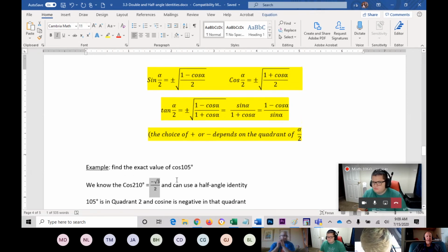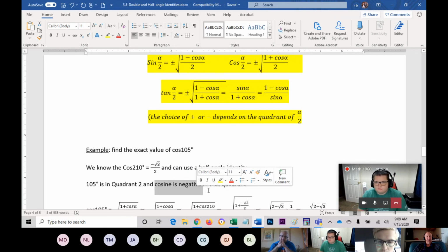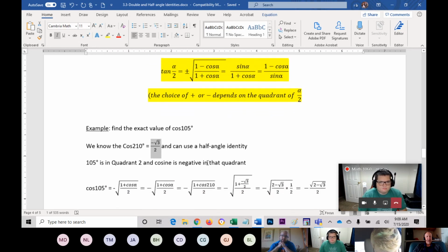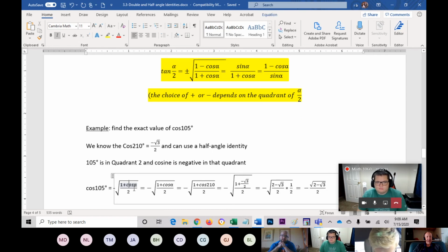I've got the half angle identities written again here. 105 degrees is in quadrant 2. Cosine is negative in that quadrant. So we can use this value here. So the cosine of 105 degrees is the negative square root of (1 plus the cosine of alpha) over 2.